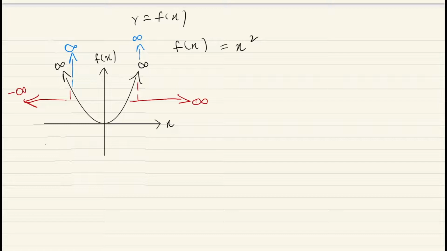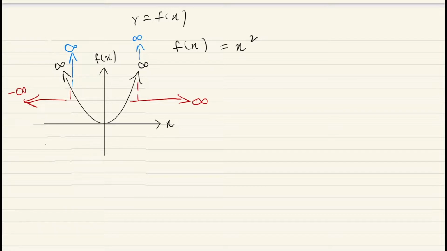So a domain and a range is basically a means to represent the set of values that are possible for the function. So the possible x values would be minus infinity to infinity, right? The way to represent this would be with set builder notation.